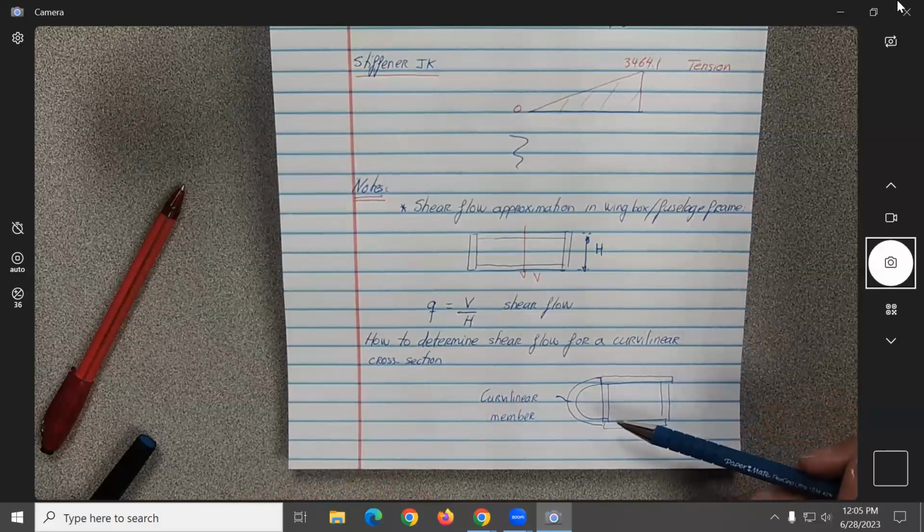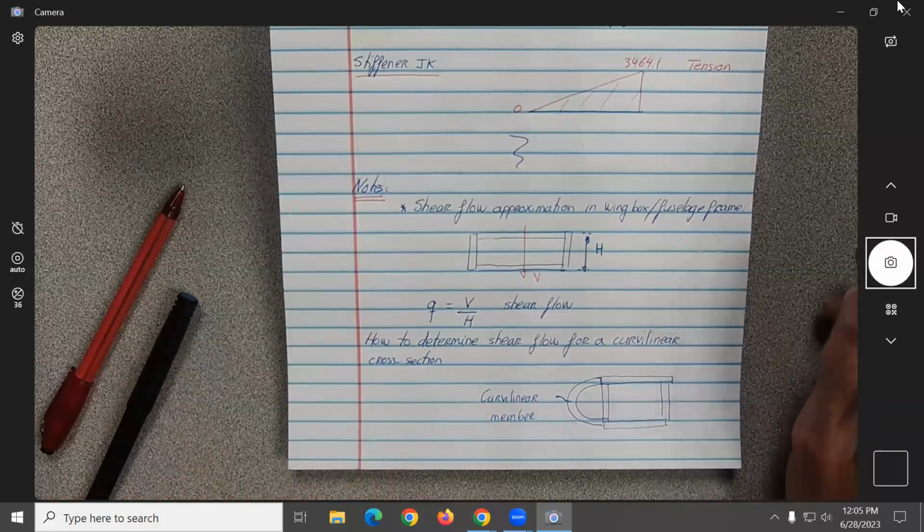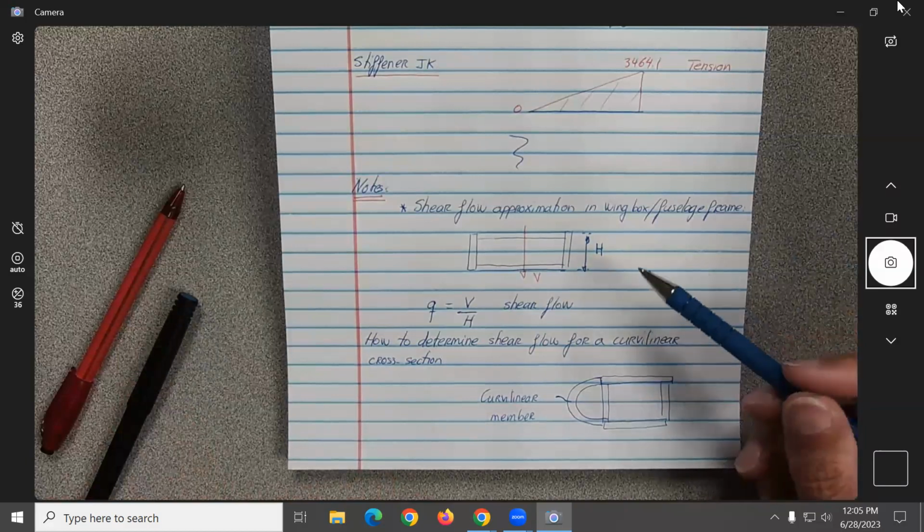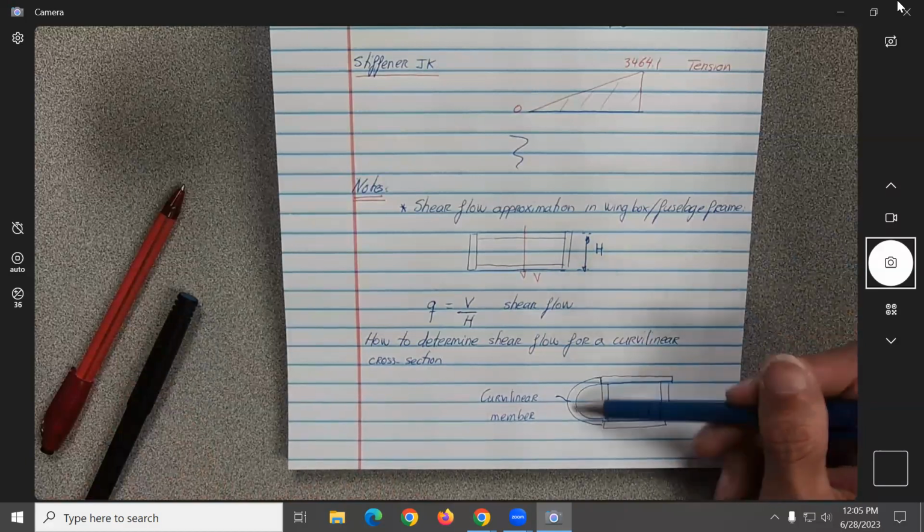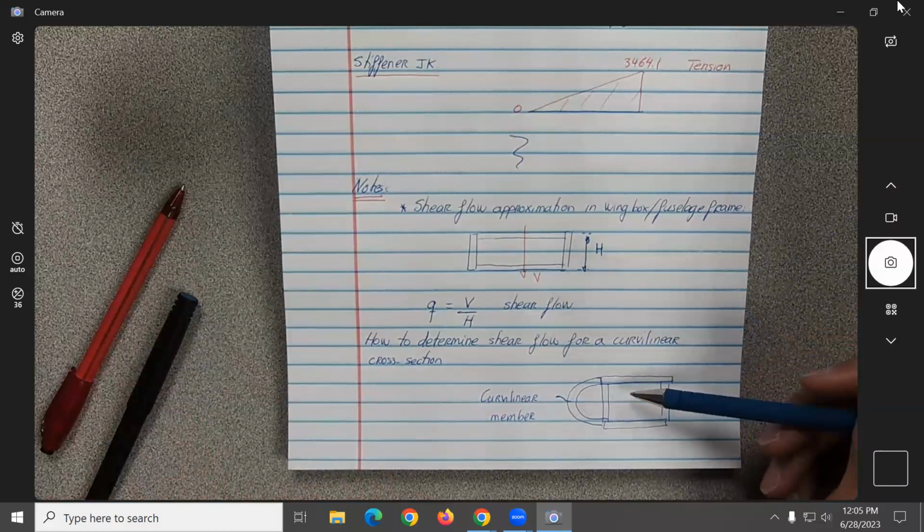That can be one approximation, but it's not really true, no? Okay, so what I'm going to do next is how to find the shear flow for something that is curvilinear. And I'm pretty sure you have done it as well in Structures 1.